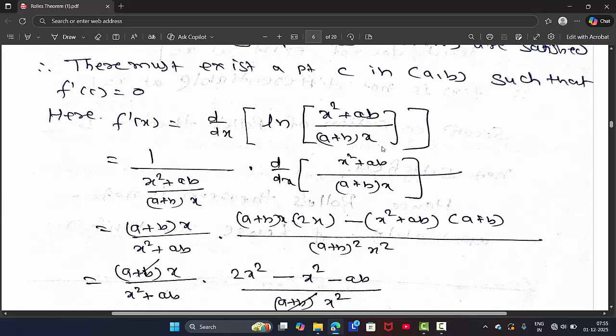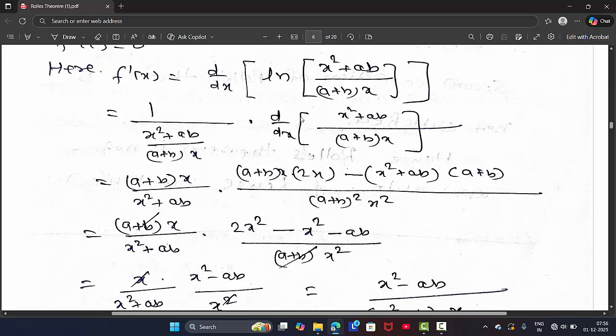For calculating the derivative of this second term, we shall use the u by v rule. The u by v rule is v into derivative of u minus u into derivative of v, divided by v square, and that becomes (a plus b) into x as it is, derivative of x square is 2x, minus (x square plus ab) as it is, and derivative of (a plus b) into x is (a plus b), divided by the denominator square, that is (a plus b) bracket square into x square.